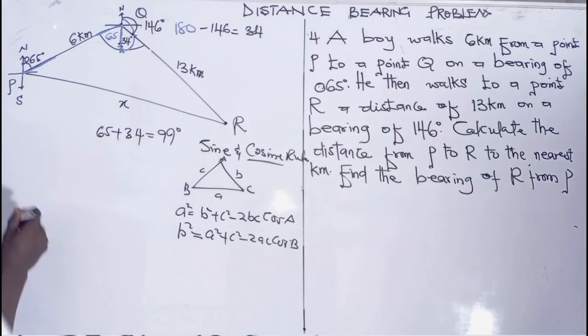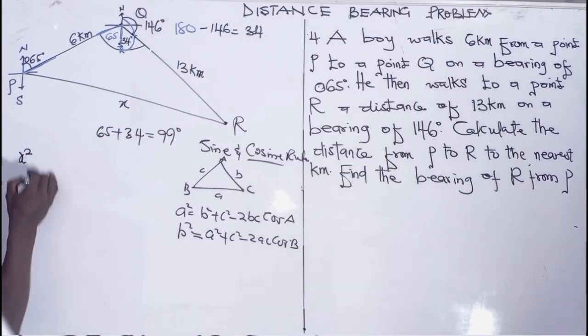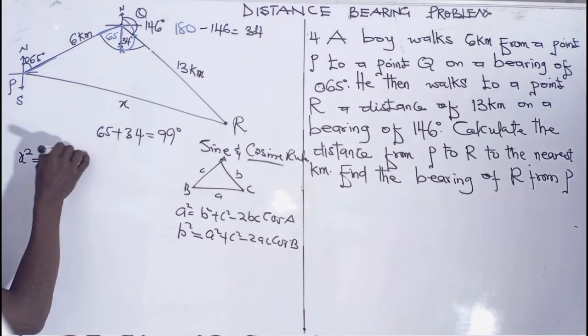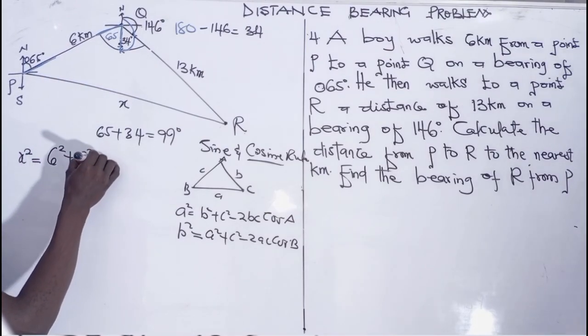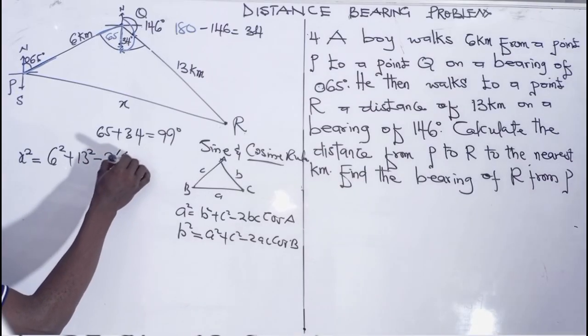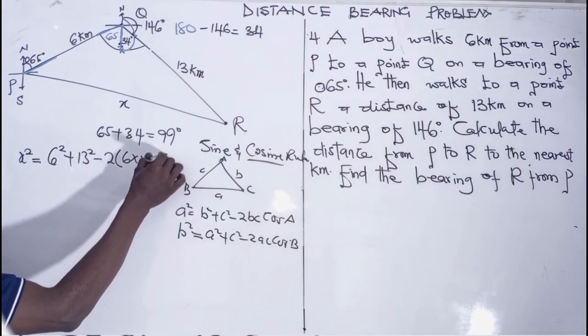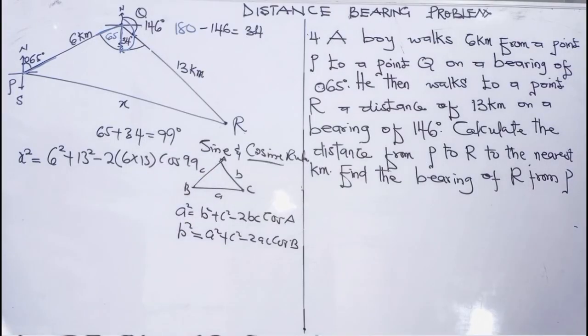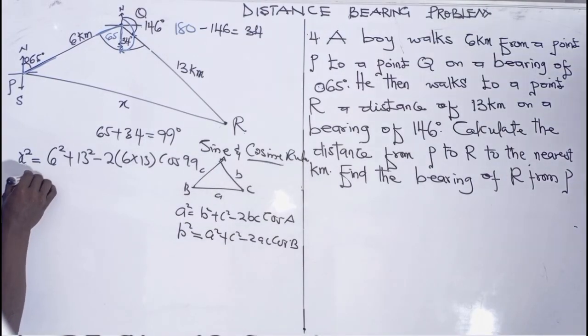So it means we are going to have X squared. So we have X squared is equal to 6 squared plus 13 squared minus 2 times 6 multiplying 13 cos of the angle 99. So we have X squared.